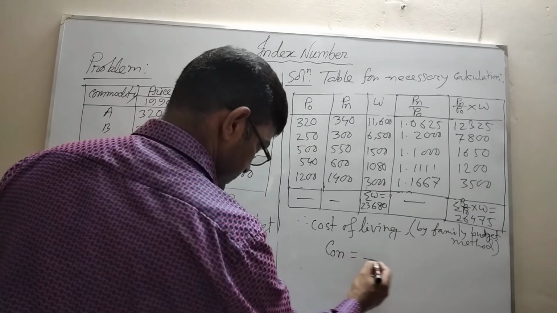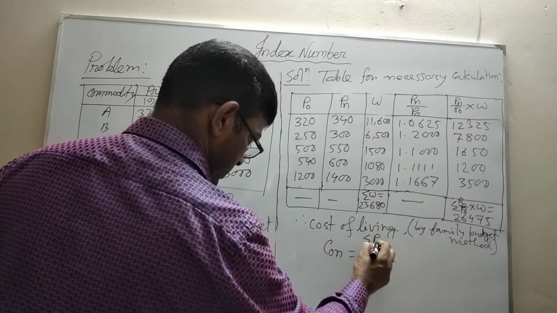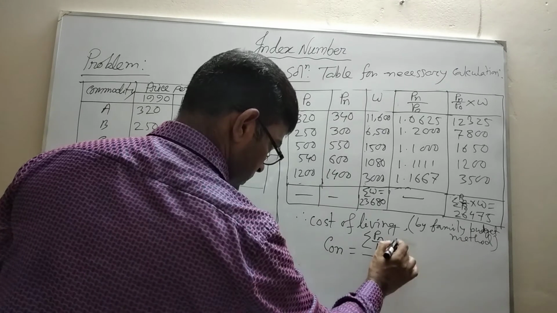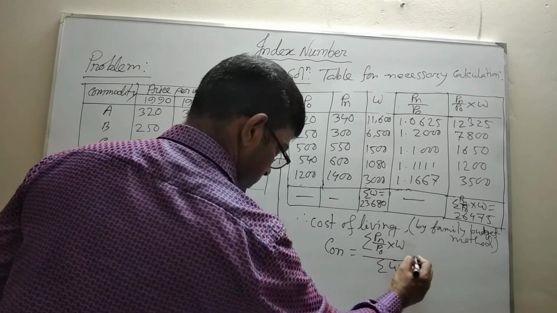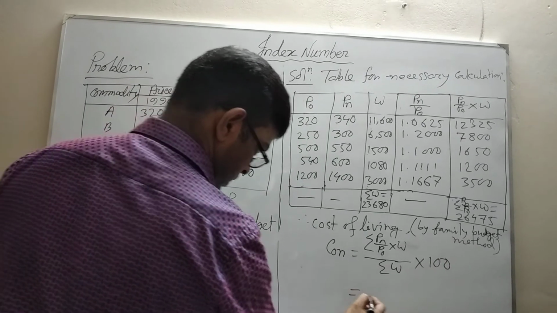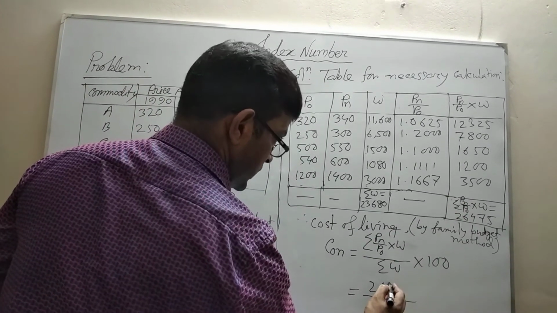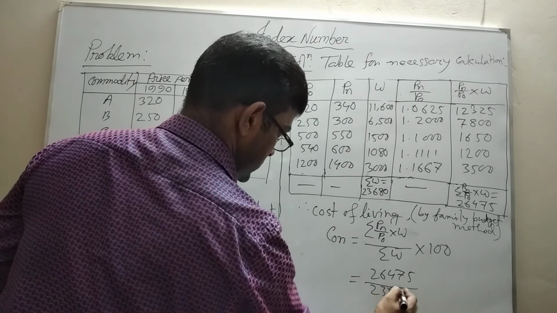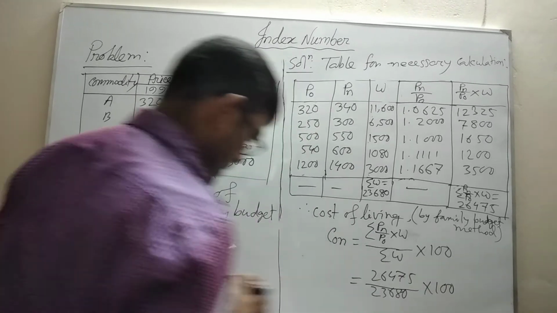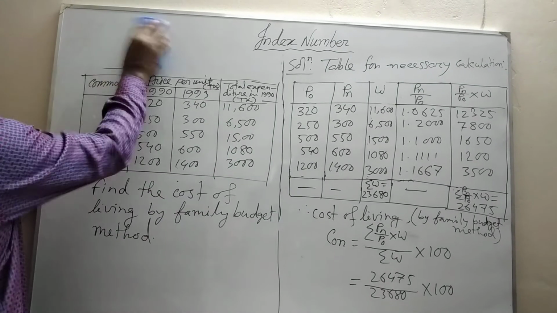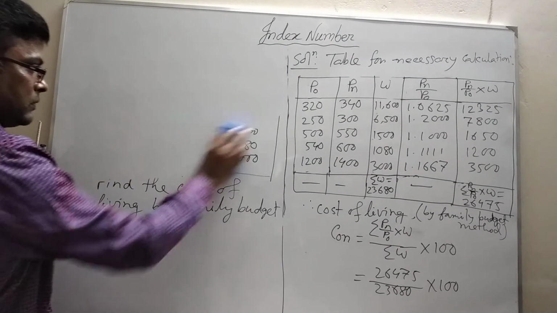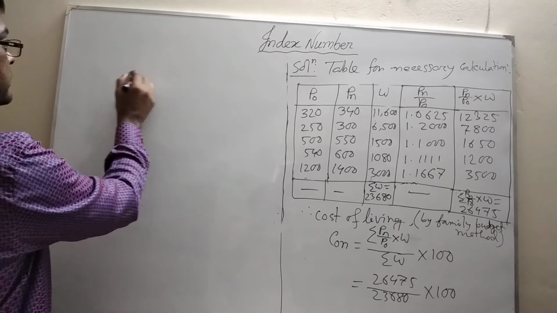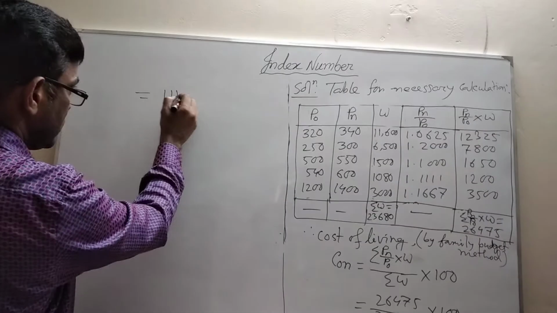Cost of living index equals summation Pn by Po multiplied by 100 multiplied by W, divided by summation W. This value is 26475 and sum total of W 23680, then multiplied by 100. Then the final result is 111.80.